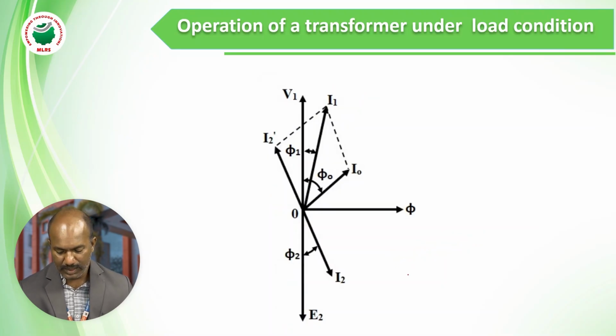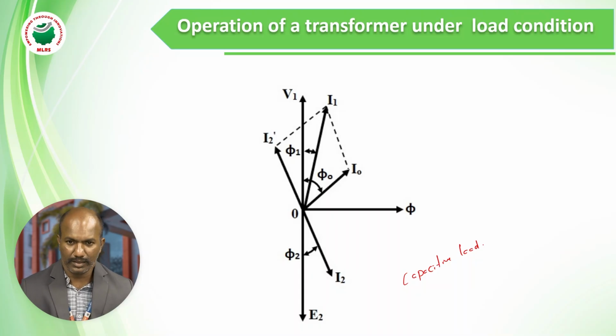Now this is the phasor diagram for the capacitive load. Here I am not saying purely capacitive, I am saying just capacitive load. In a capacitive load, we know that current leads voltage by some angle. If it is a pure capacitive load, it leads voltage by 90 degrees.